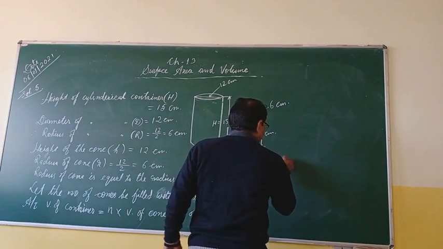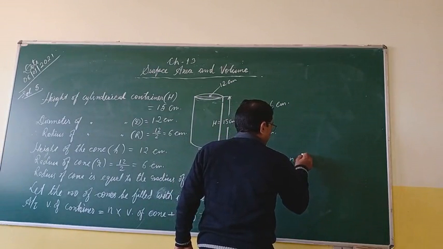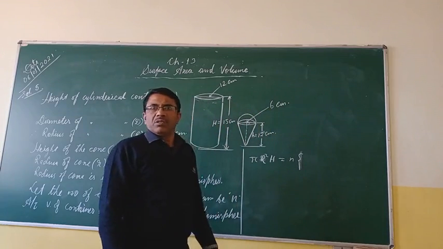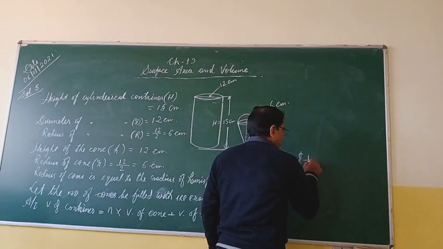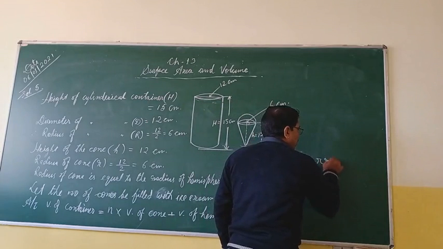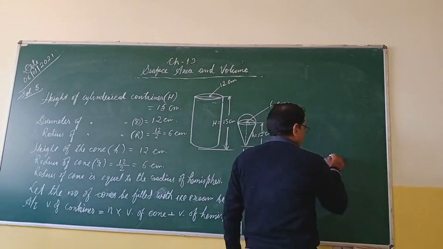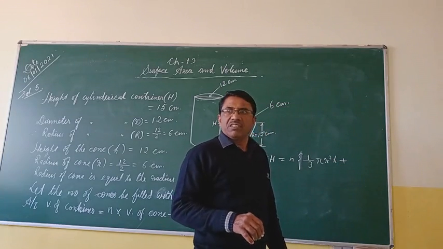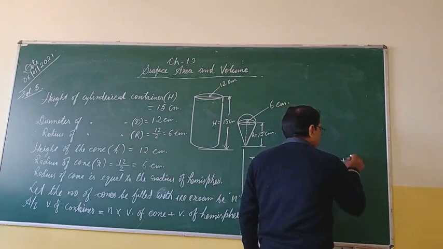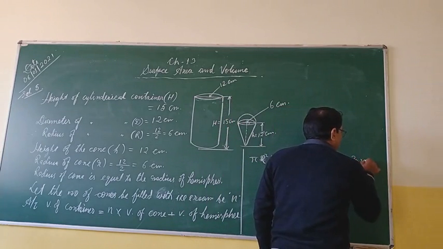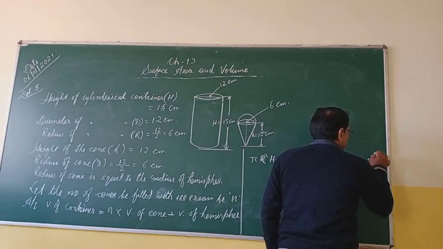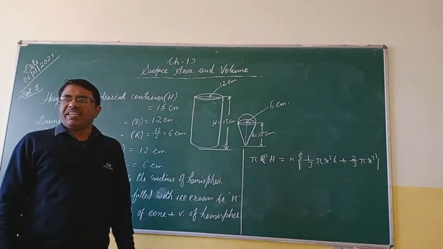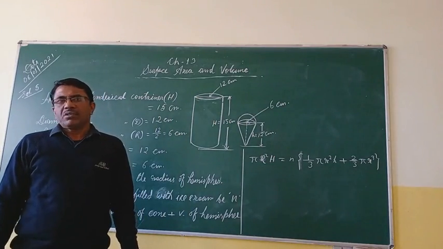Pi R square H is equal to n into 1 by 3 pi small r square h plus 2 by 3 pi r cube. Up to here, students, any doubt? Is it clear?